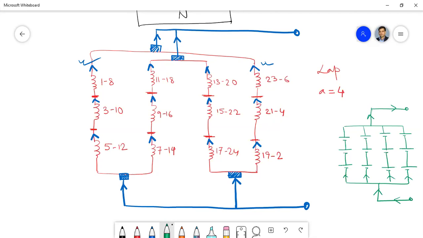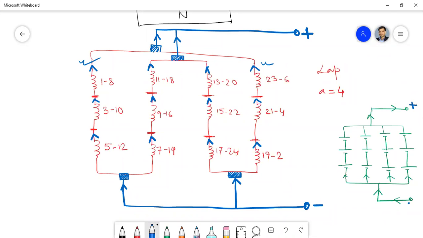Now can you tell me what are the negative polarity brushes and what are the positive polarity brushes? Sir, the upper brushes are positive polarity brushes, the upper two brushes. That means you are saying this is positive and the lower is negative. Yes, sir. Is it so?